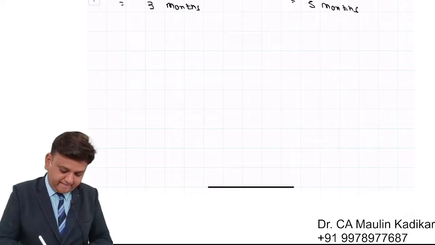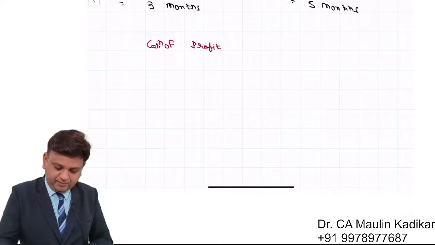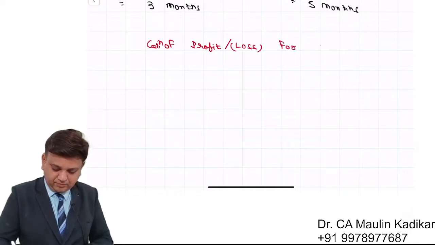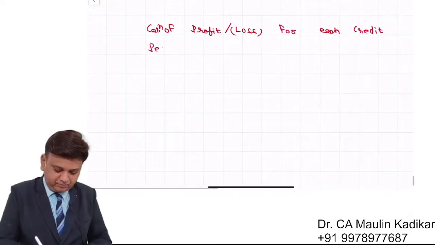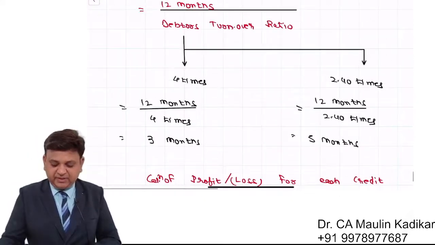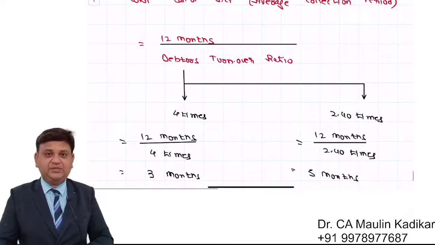Next, calculation of the profit or loss for each credit period. There are two credit periods under evaluation.